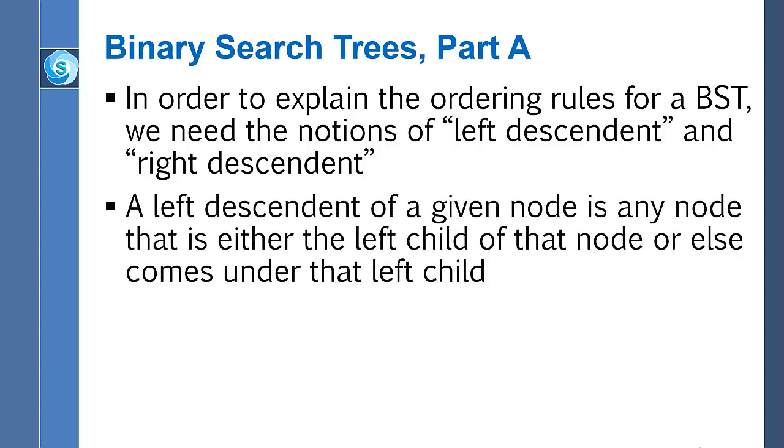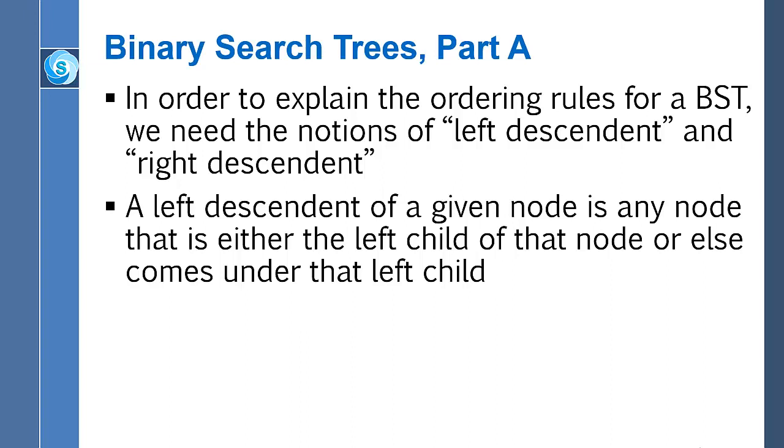Okay, so if we start with a given node, if that given node has a left child, then that left child is also a left descendant. Okay? But maybe that left child also has child nodes of its own. Any such nodes that basically come underneath the left child would also be left descendants of the original node.